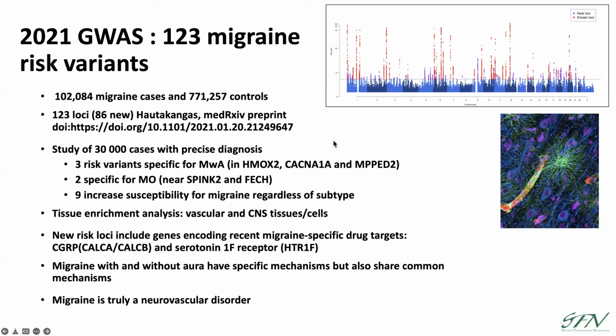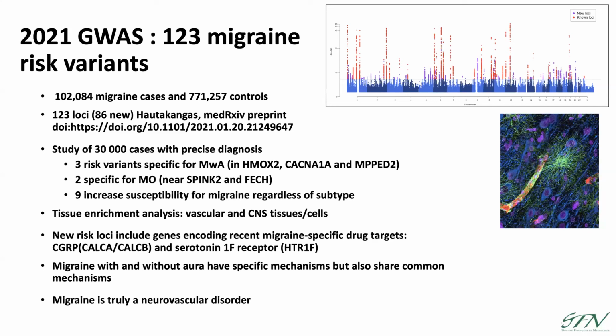And one variant is not sufficient to produce a migraine brain. You need to have perhaps 100 or even 200 variants to be susceptible to migraine. And each variant in these more common migraine types, migraine without aura, migraine with aura, increases the susceptibility to migraine only a little bit. So you need to have multiple variants in order to develop migraine attacks.